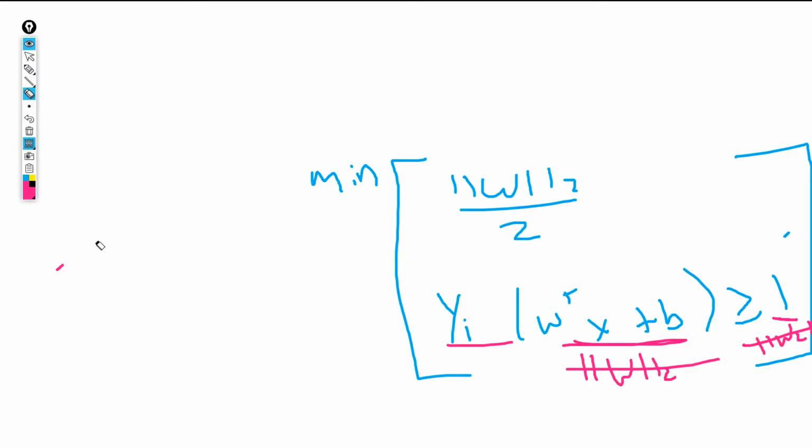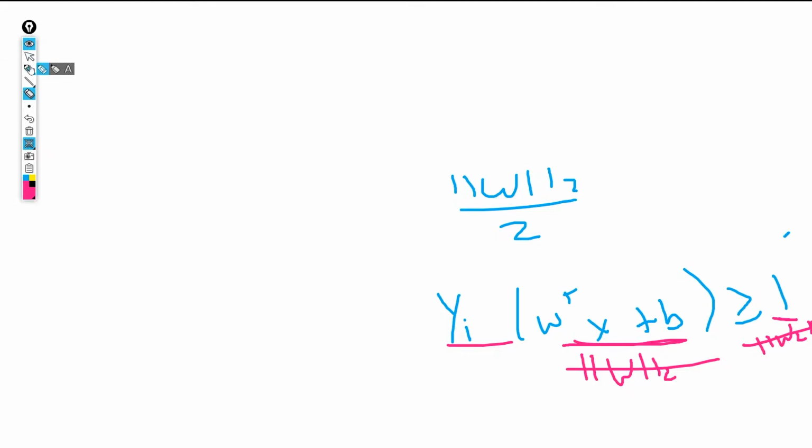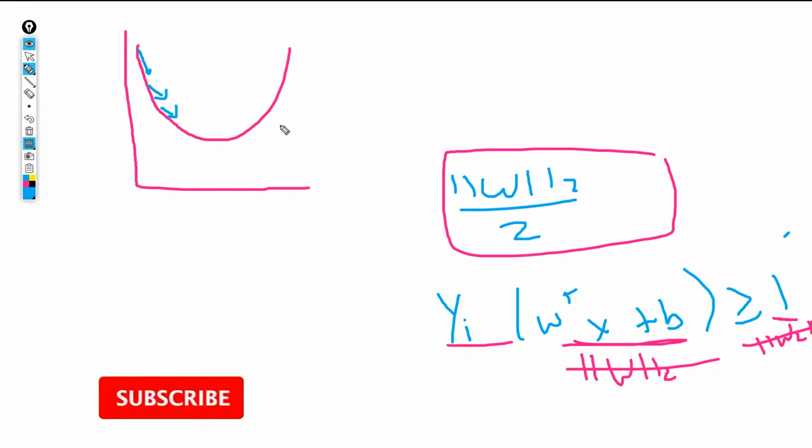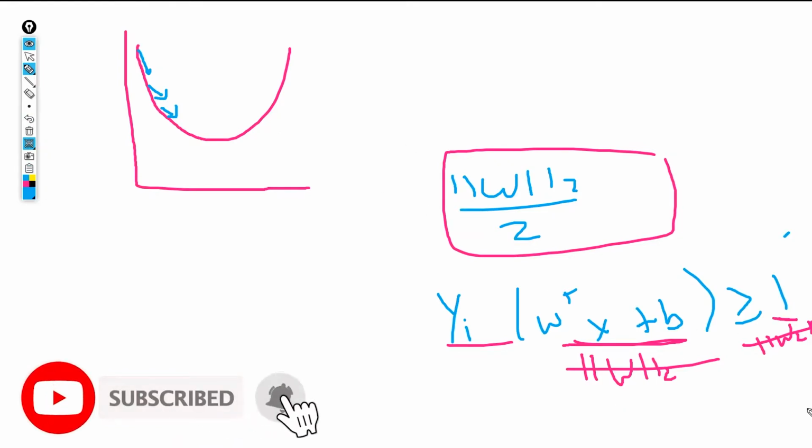Because we are going to use gradient descent. As we have this part, we have to minimize this. So let's suppose we are using this, and we are minimizing this part. We are going here, here, and here. But even then, we have this constraint.